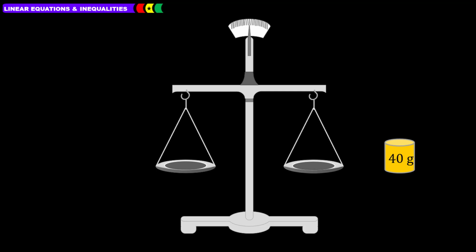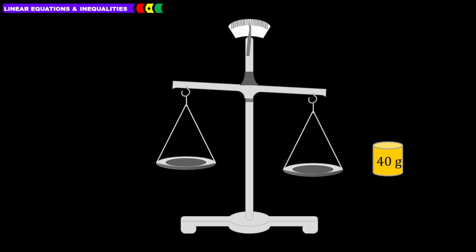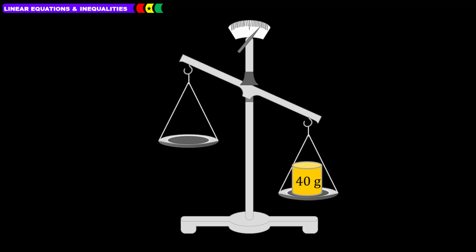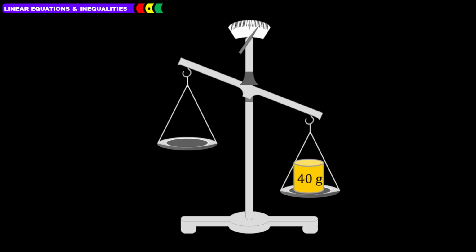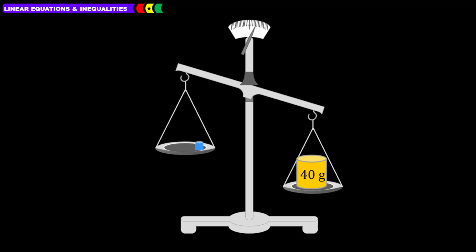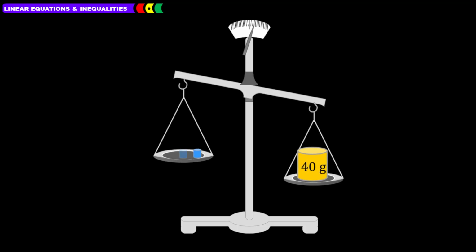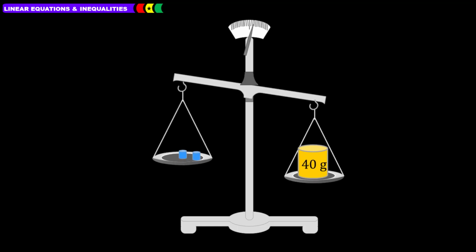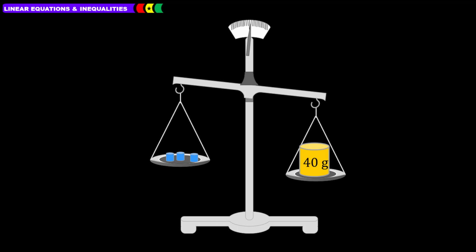And now let's place our standard mass 40 grams on the pan, as you can see on the screen. Now you see that it automatically tilts, but with the introduction of the unknown mass, you see that it starts leveling up until what is at the right hand side is equal to what is at the left hand side. So we introduce the first one, see that it shifts, then the second one, the third one, the fourth one.